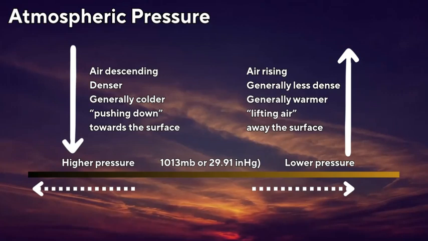So you get this fluctuation in pressure beyond just what gravity does to the air molecules at the surface. And the addition or removal of heat or thermal energy is going to produce a reaction in the air molecules which will create, as a product of the change in temperature, either lower pressure or higher pressure around the average of 1013 millibars or 29.91 inches of mercury.